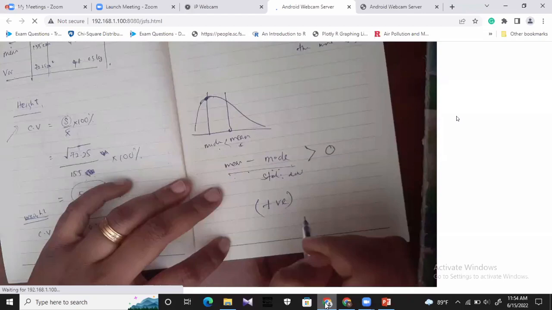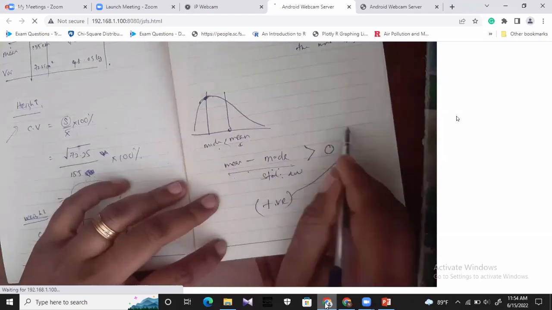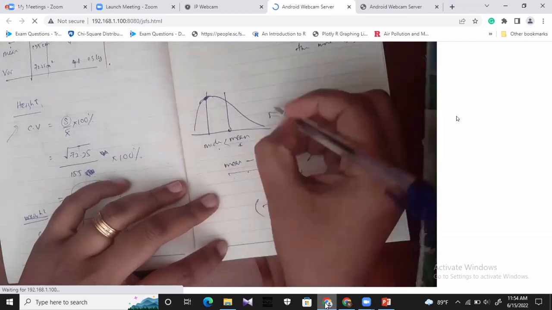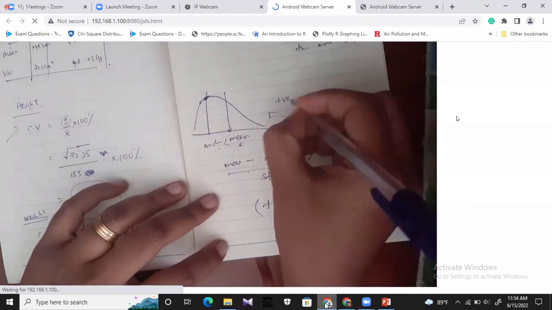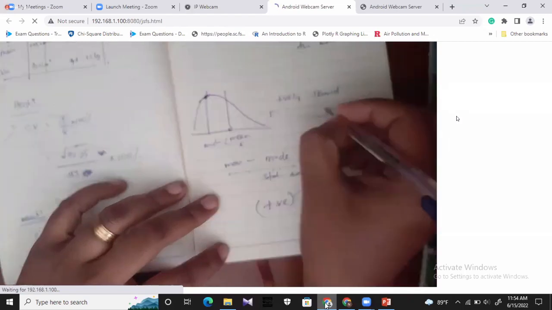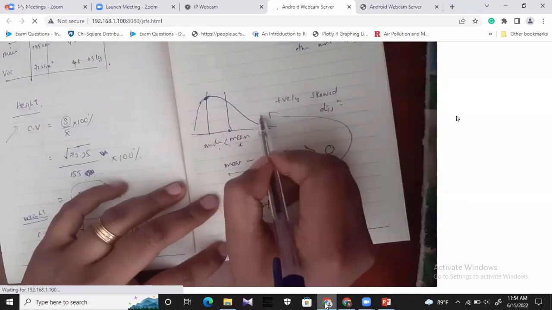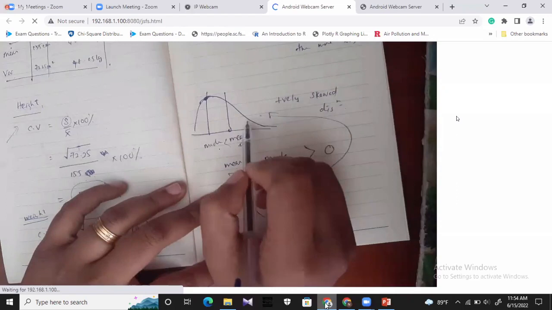Therefore, if we get a positive value, what we can say about the distribution is that it's a positively skewed distribution. Okay, now we have this type of distribution.